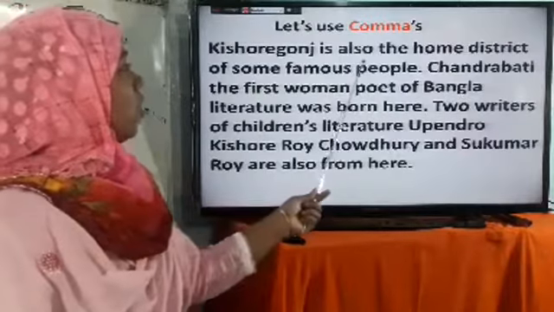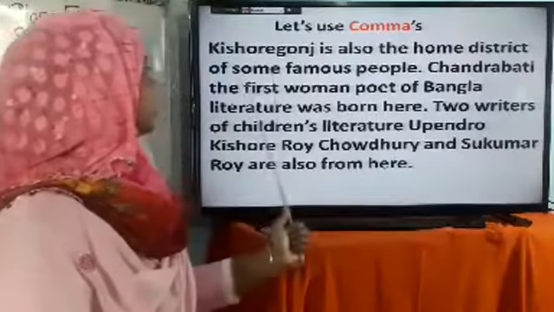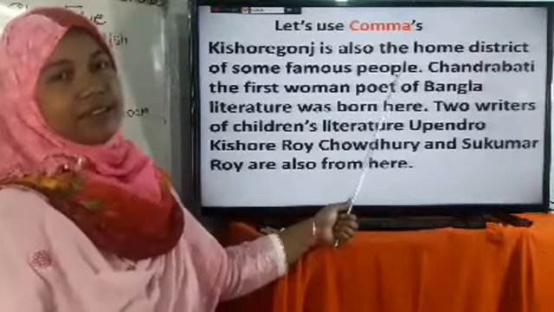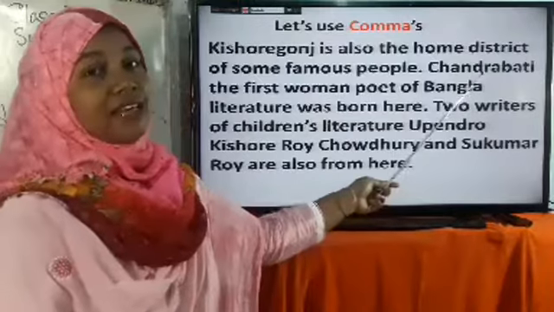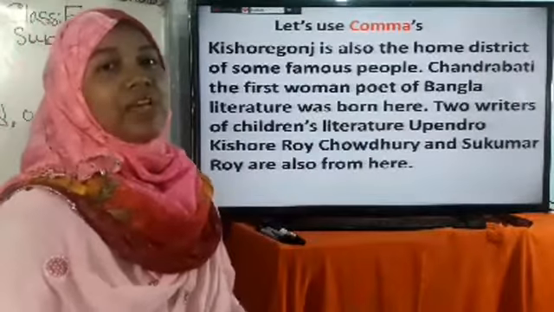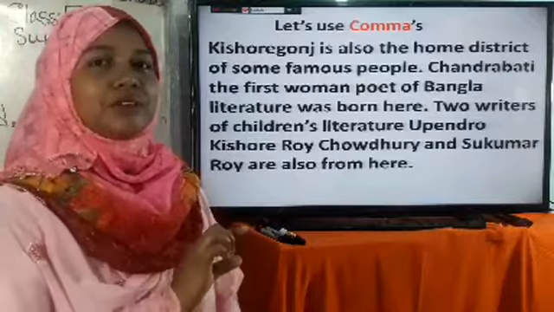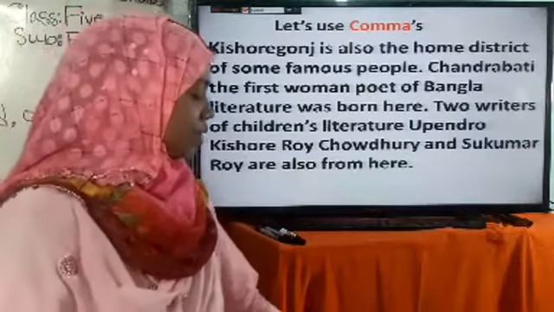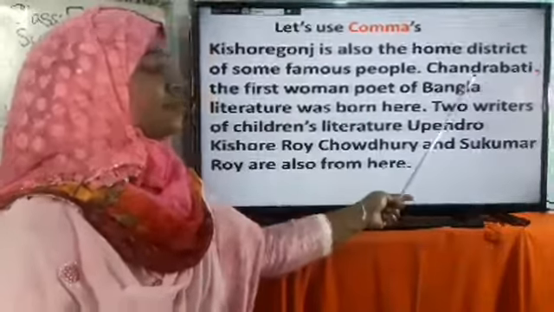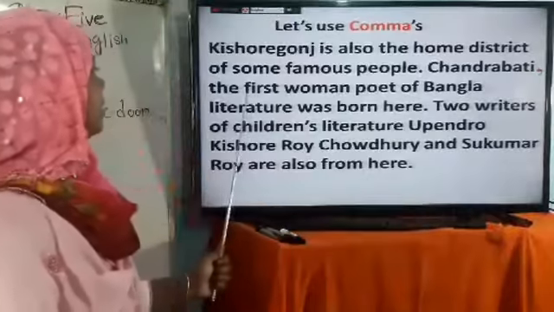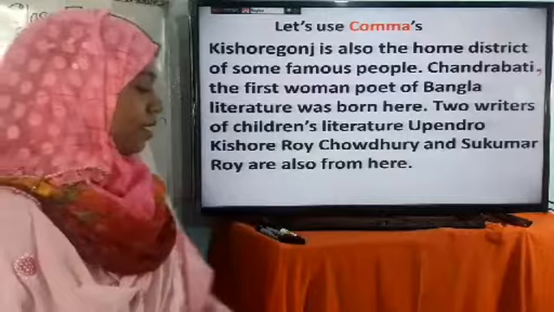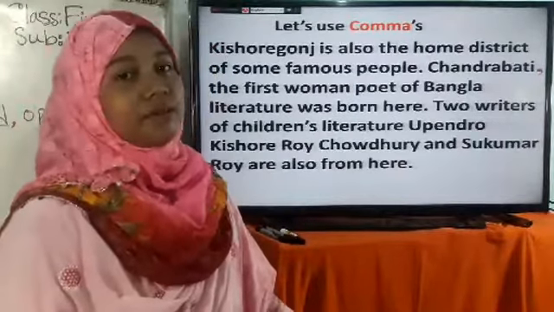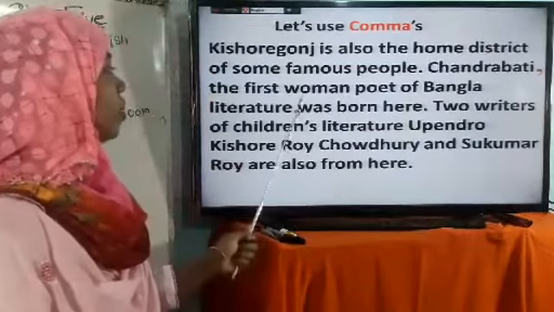Kishoreganj is also the home district of some famous people. It's a sentence. Then Chandravati, and I have said that after a name we have to use comma to make separate of a sentence. So we have to use comma after Chandravati, the first woman poet of Bangla literature, and we can make separate of this sentence by comma.